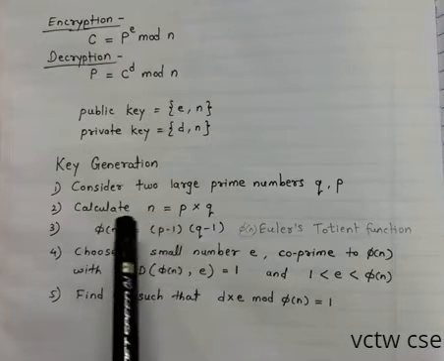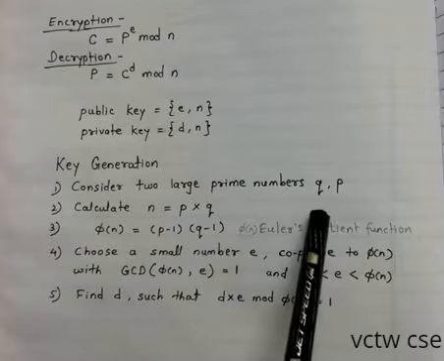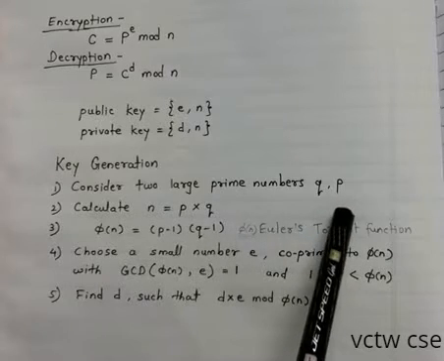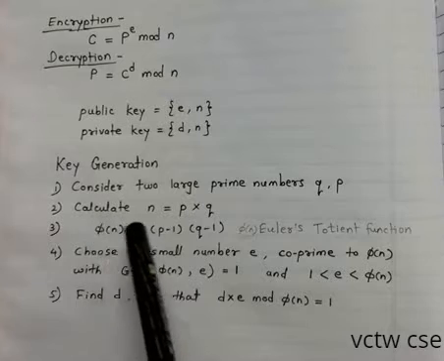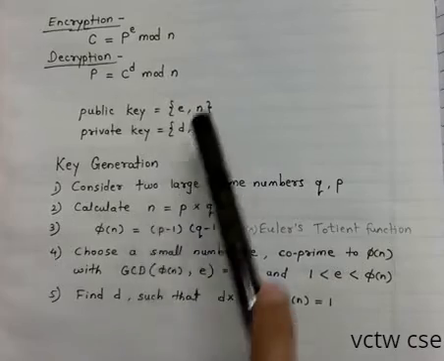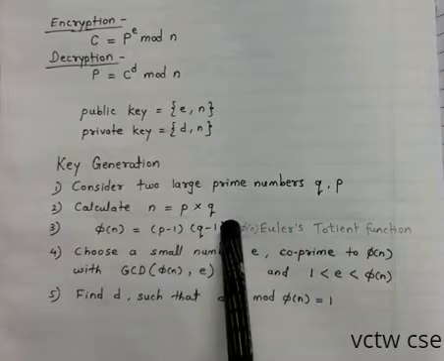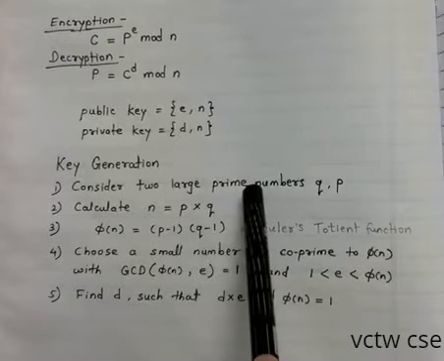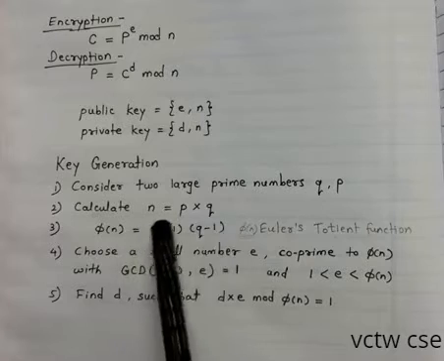The first step is consider two large prime numbers P and Q. Here we need to consider the two prime numbers P and Q. And the next step is calculate N, which is equal to P into Q. Here we calculate the value of N as P into Q. These values we have considered in step number 1. So the formula for calculating N is P into Q.